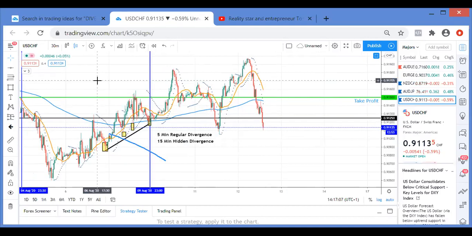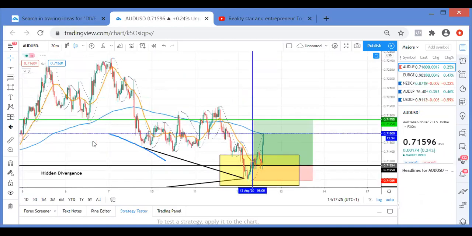Hold on. You actually took upon this trade, and then the price was above the 200 moving average, and then you took AUD USD. Oh, yeah, 4 hour. It was on a 4 hour.